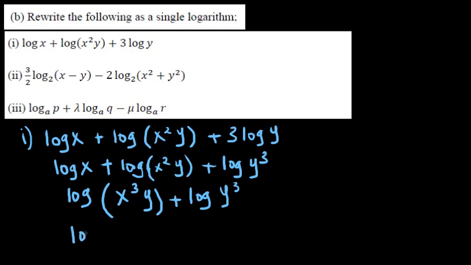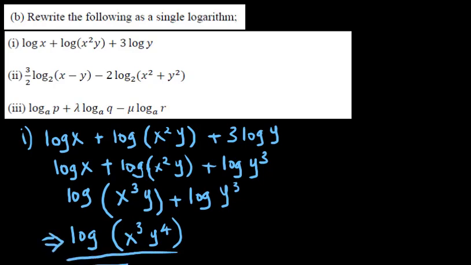This also we can write as log, so the y can multiply with what's inside there, so this will be x to the power 3 y to the power 4. So we have written this as a single logarithm. That's for part B1.